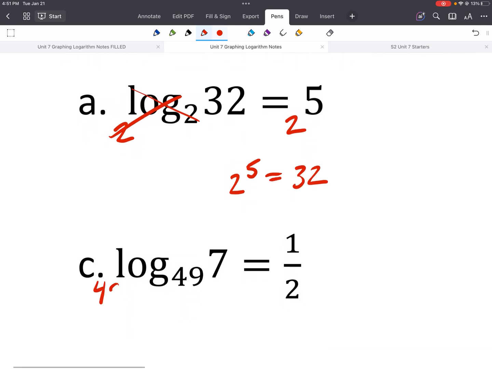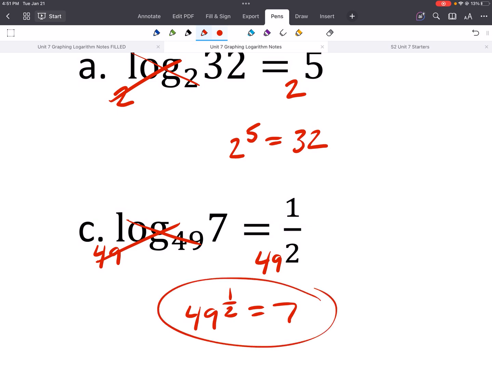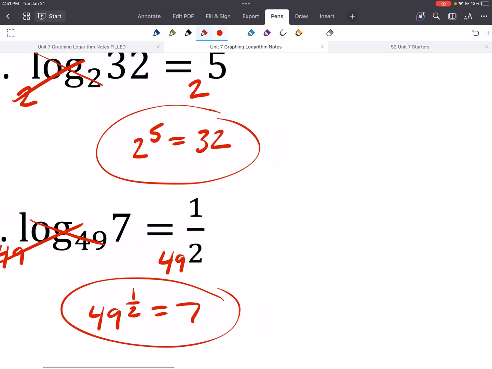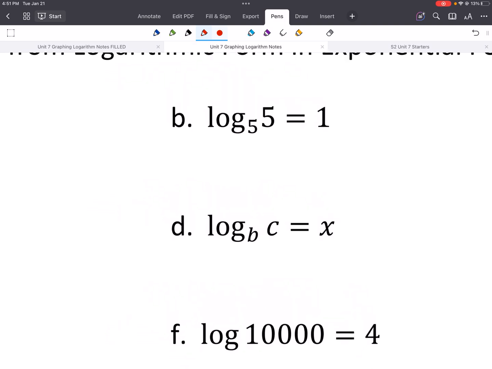Here we'd do 49 and 49. This would cancel. So 49 to the 1/2, which again is just a square root, is 7. Going over to the right side. Again, we'll do a base of 5.